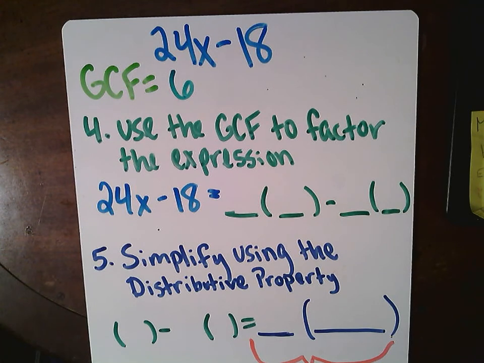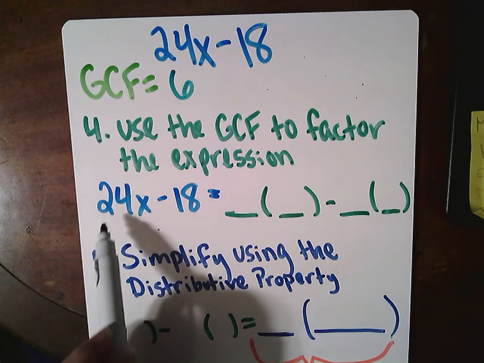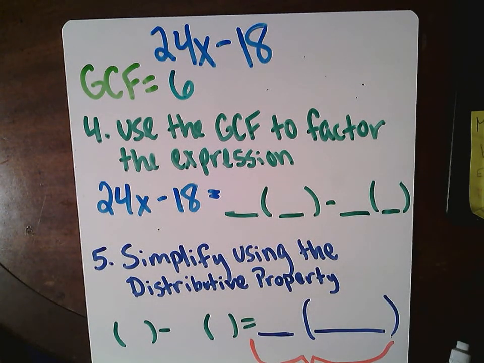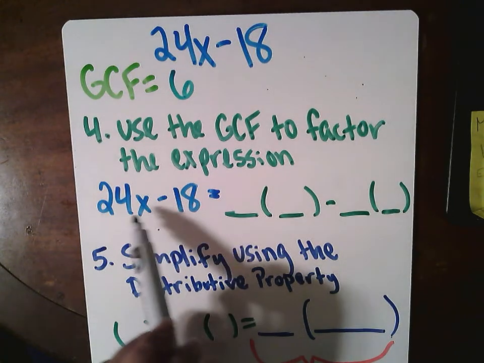Alrighty, so now that we know that our greatest common factor of 24x minus 18 is 6, we can use that greatest common factor to factor the expression. So here you see my original, and I'm going to fill out my little dashes right here because I'm using the distributive property to factor it out.